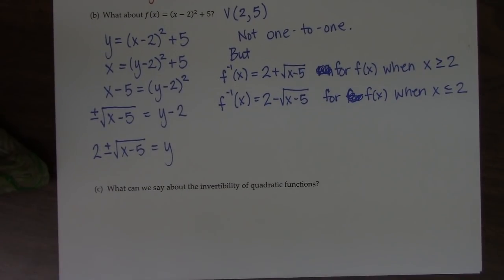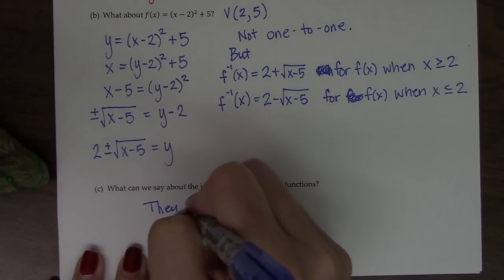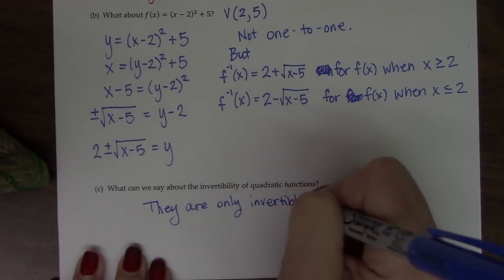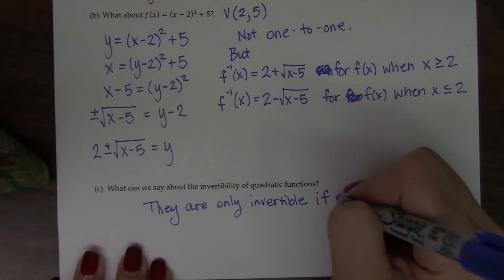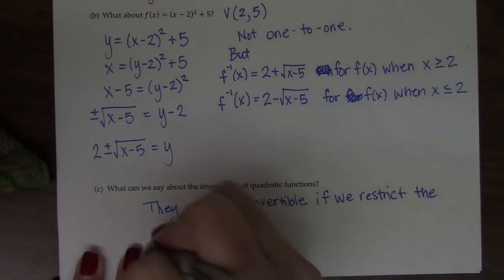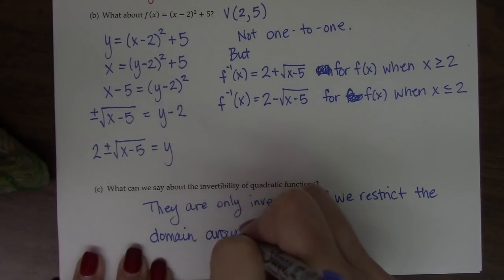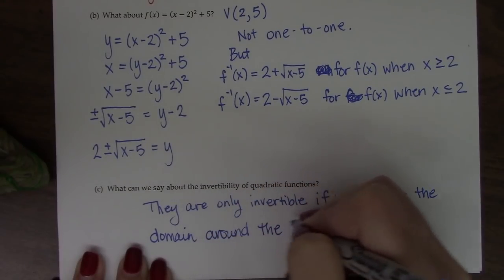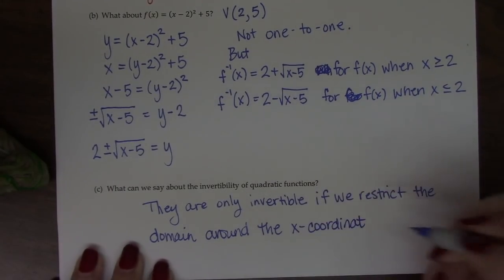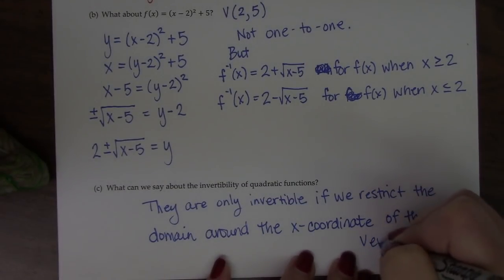So what can we say about the invertibility of quadratic functions? They are only invertible if we restrict the domain around the x coordinate of the vertex.